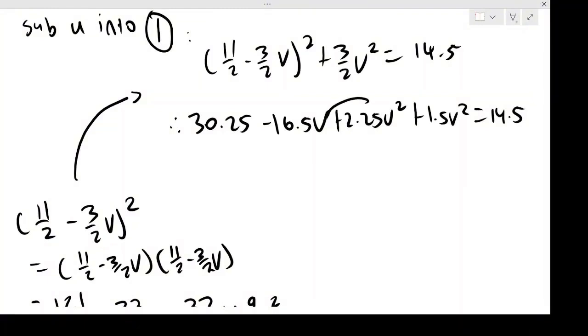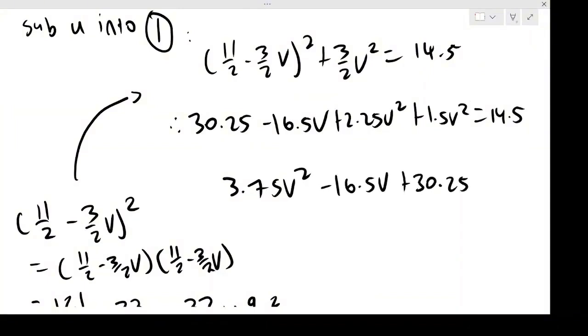So firstly, 2.25 v squared and 1.5 v squared, that's going to go to 3.75 v squared. Then we have minus 16.5 v, and then 30.25, and then we're going to move the 14.5 here to equal 0. And so this will simplify, so 30.25 take away 14.5 will go to 15.75. Okay, and that will all equal 0.